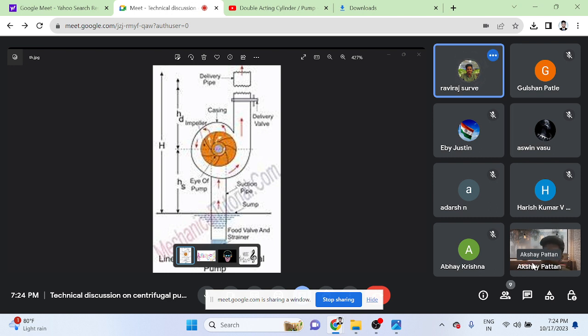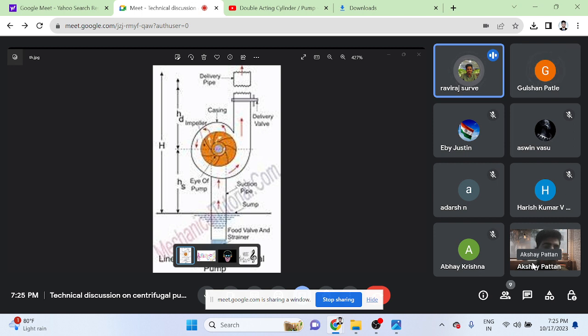But there is a continuous rotating motion between the stationary casing and rotary shaft of the impeller, so the temperature of the gland packing is increased because of the friction. So we have the lantern ring, which provides the fluid over this gland packing, and it reduces the temperature of the gland packing. It saves it from overheating.